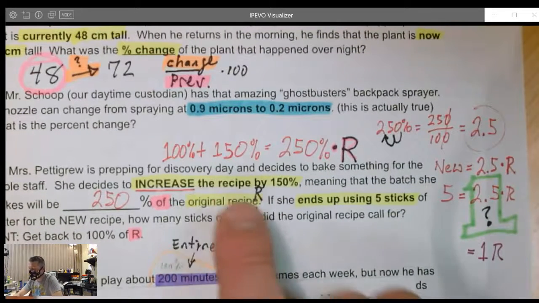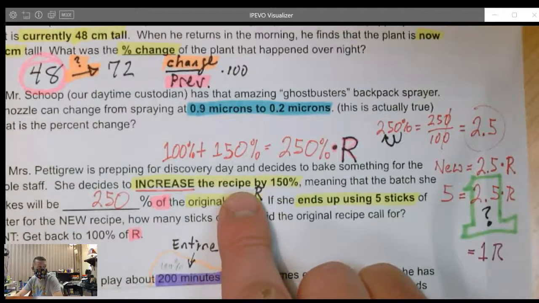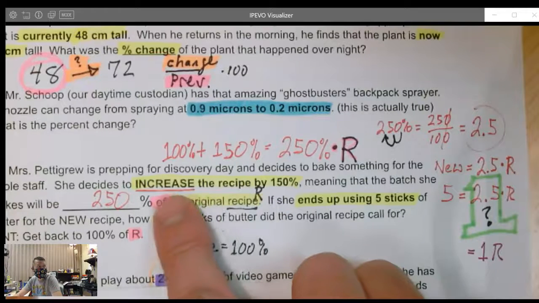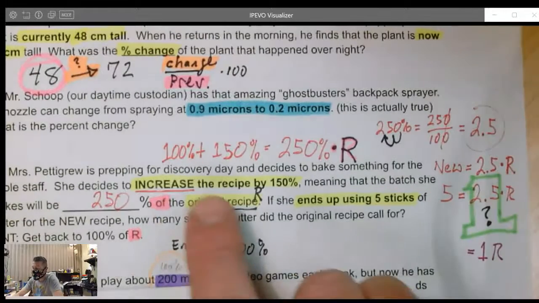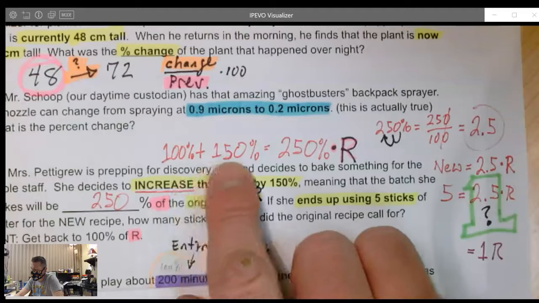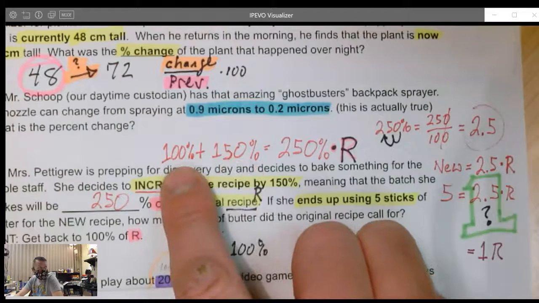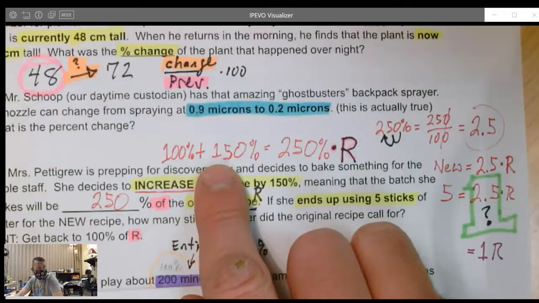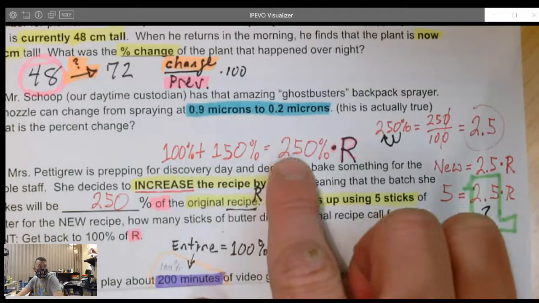So the recipe would be 100%. But we increase, guys, what does increase tell us to do mathematically? Add, right? So we increase by 150%. So we're going to add. Right, so 100%, what we start with, the recipe, plus 150%, and we get 250%.